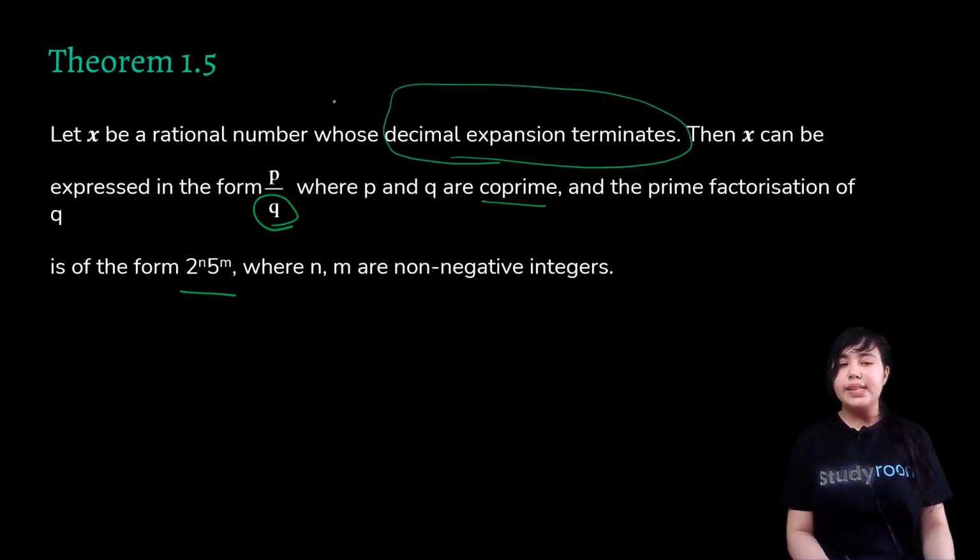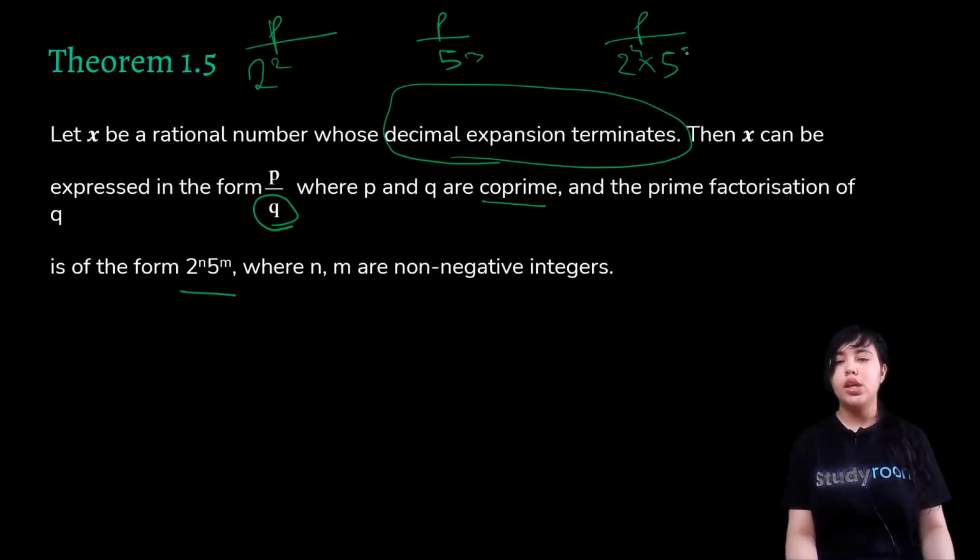Basically what they are saying is that you've been given any rational number. In its denominator, if you see any factor of 2, or a factor of 5, or if you see both, and there can be some powers also to them, no issues. In all these cases, you're going to get terminating decimals.